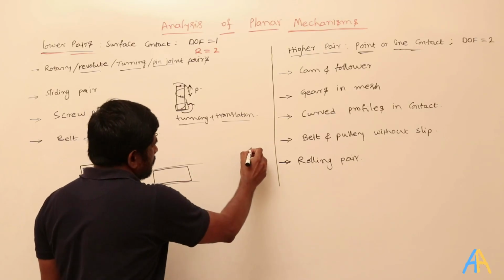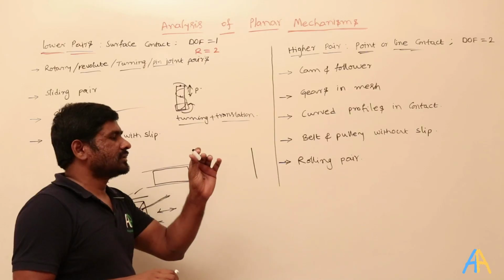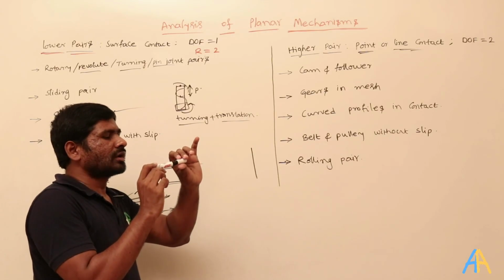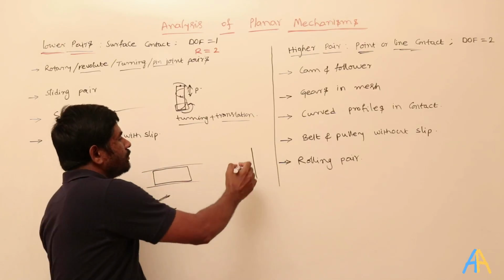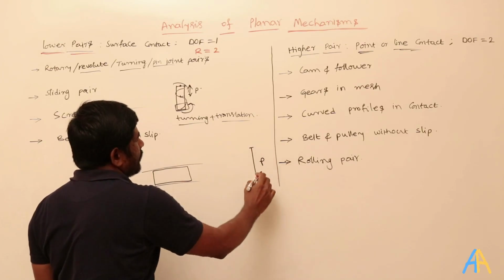That means for one complete revolution, for example, this is the nut and this is the bolt, the nut advances by the pitch p.